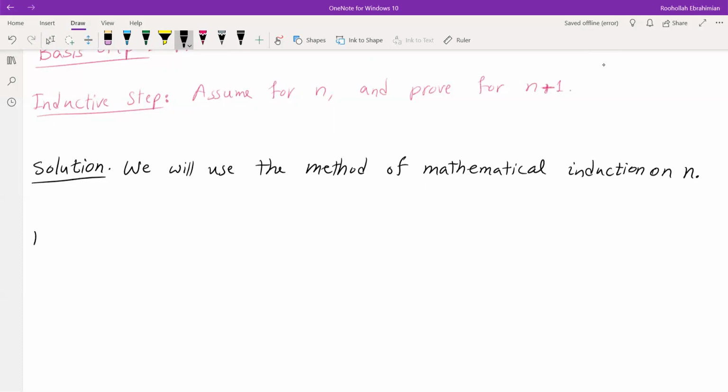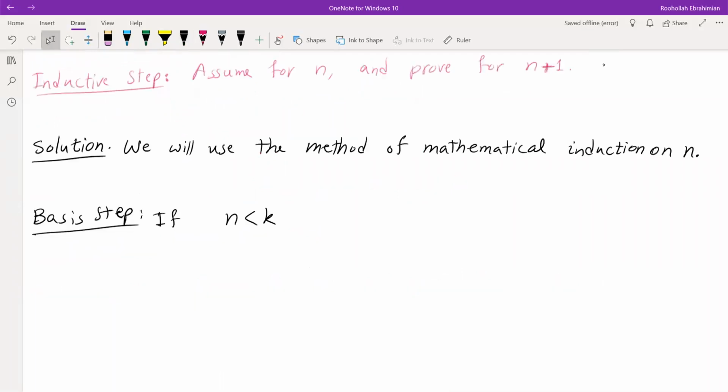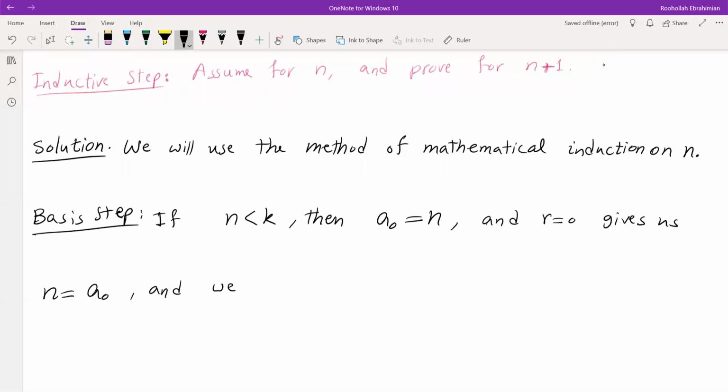So, basis step. In fact, I can prove this one for any n that is less than k. So if n is less than k, then a0 equals n and r equals 0 gives us n equals a0, and we are done.